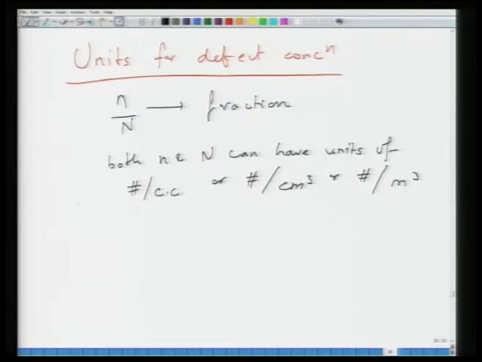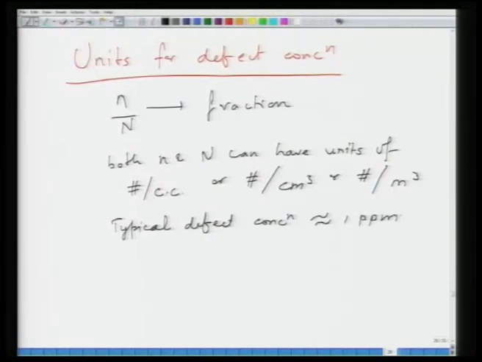So for instance, a typical defect concentration in ceramics is about 1 ppm.